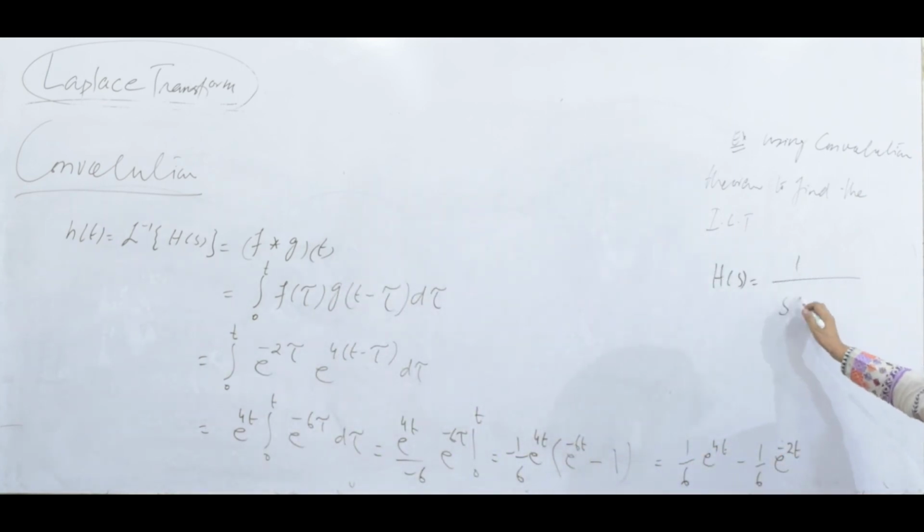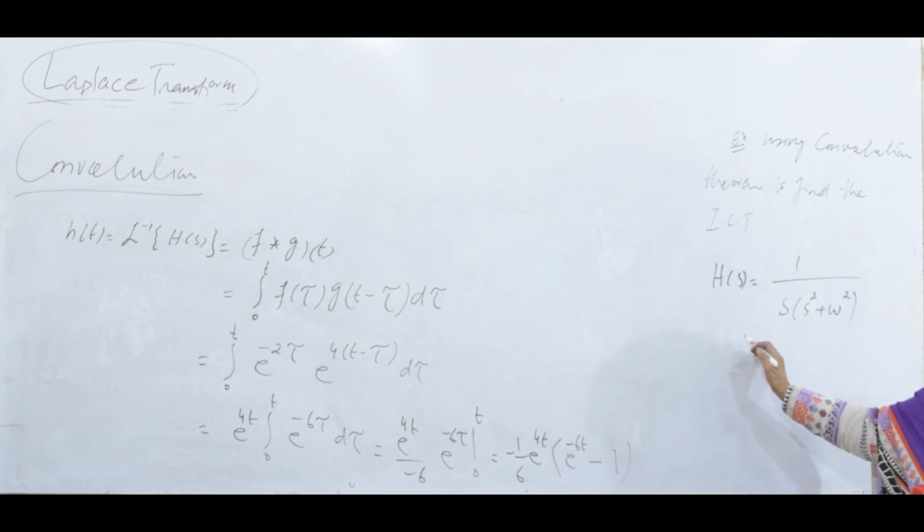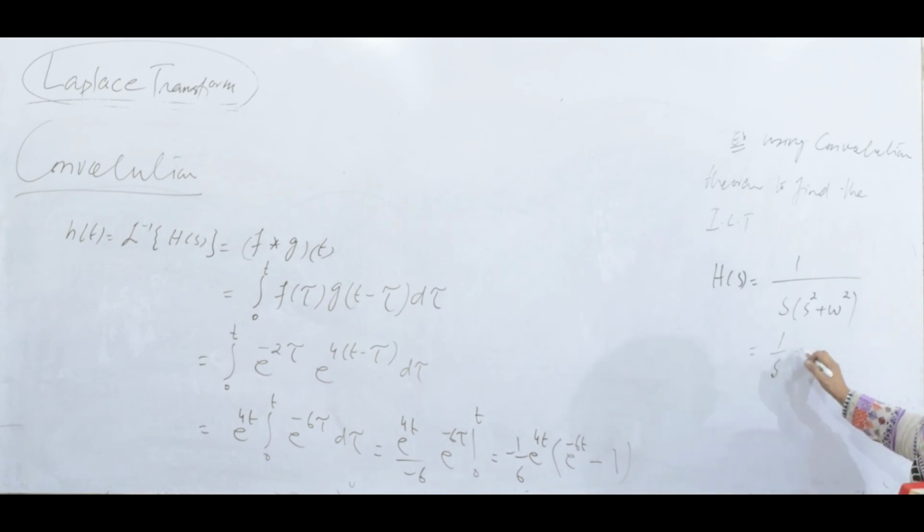Which is s squared plus omega squared. Let me have this. I am using the convolution to find this, and I am writing 1 over s, and omega over s squared plus omega squared.